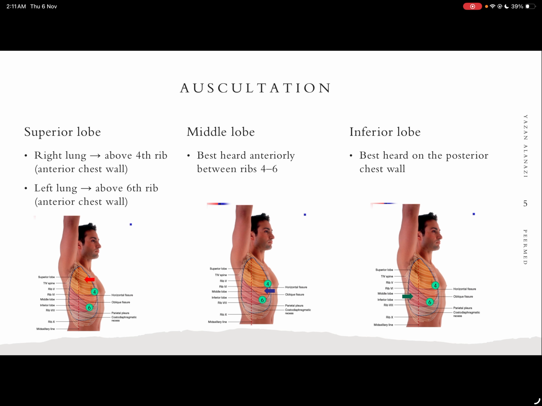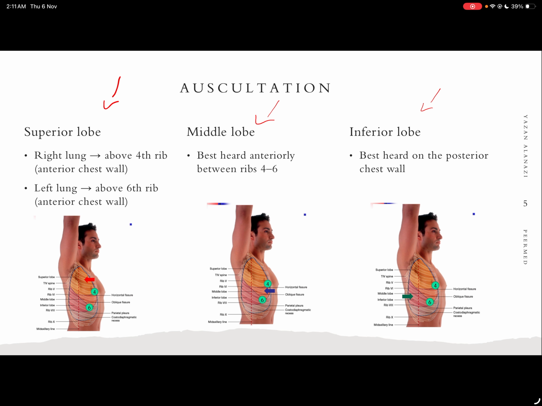Okay, auscultations. Auscultations are very important. I think they will bring something about it. We can see auscultation in the superior lobe, middle lobe, and inferior lobe. Let's start with the superior.